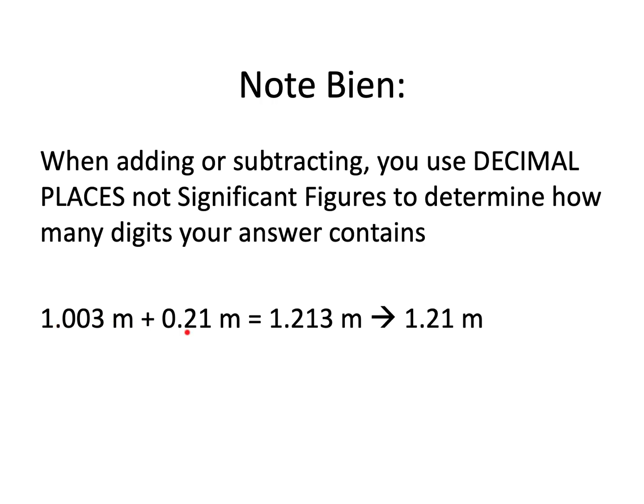And so when I add these guys together, I get 1.213, but the rule tells me to keep only the same number of decimal places as the one that has the least. In this case, this guy has 3 decimal places. This guy has 2 decimal places, so my answer should only keep 2 decimal places. And so I take this 1.213 and I lop off that 3, that gives me 2 decimal places, and my answer, 1.003 meters plus 0.21 meters, gives me 1.21 meters.